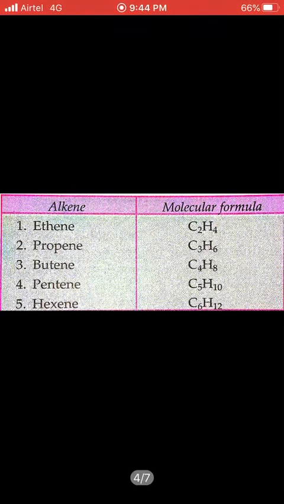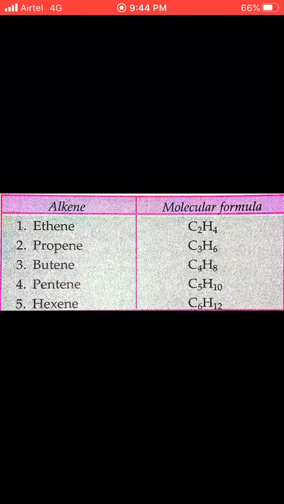Now, alkene. When I told you how to write the formula, the prefix is eth and the suffix is ene. That means double bond, so they are all double-bonded compounds. Note down, its general formula is CnH2n, where n stands for the number of carbon.